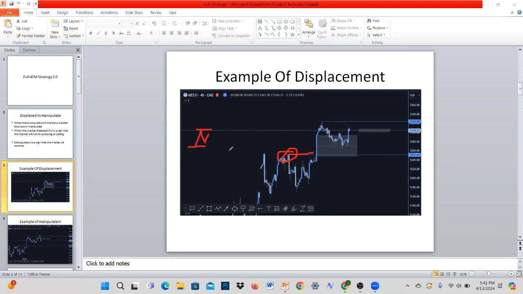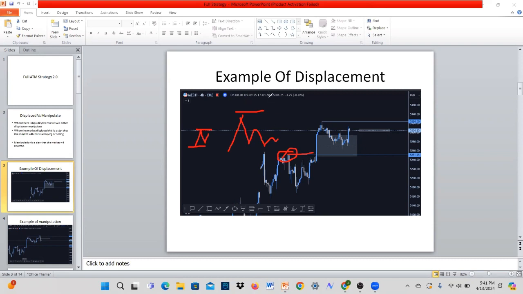So let's say the market shoots up like this, and then instead of continuing up, it just hits this area, and for a while it never comes back past here. So this could be a form of liquidity.